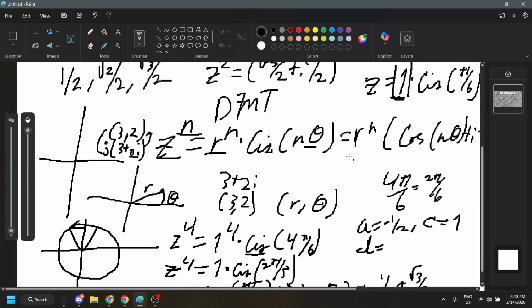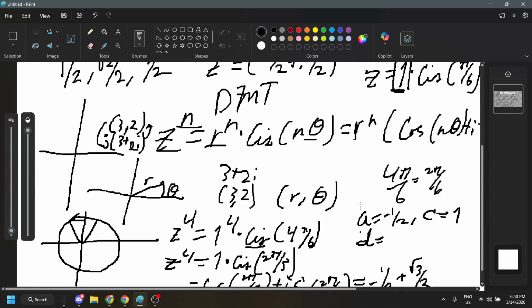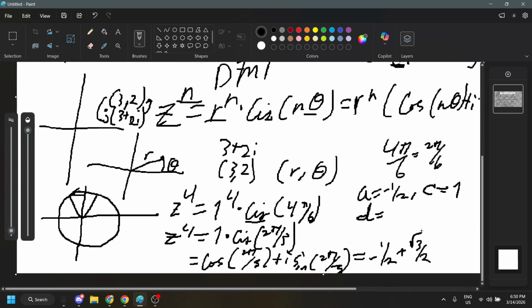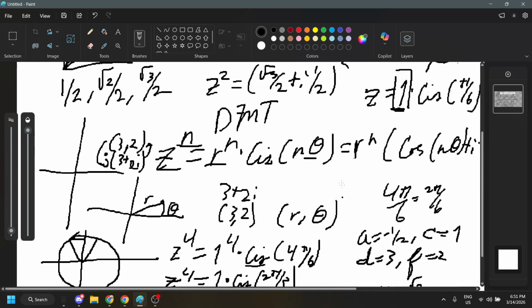D is going to be equal to the last number. F is going to be equal to 2. So we want A times F plus C times D.